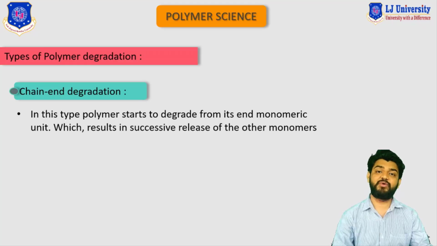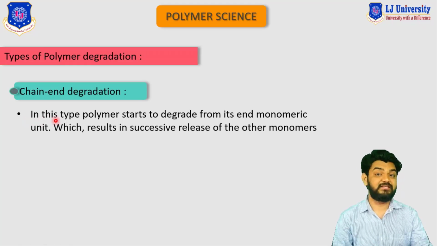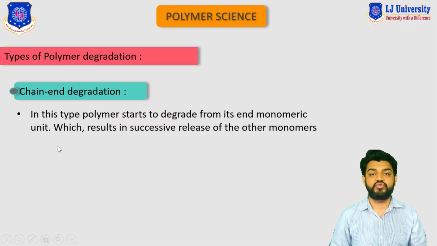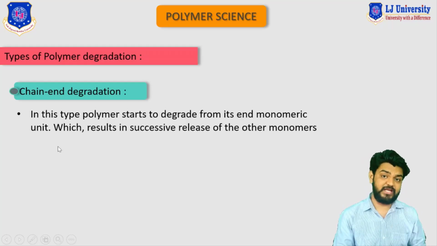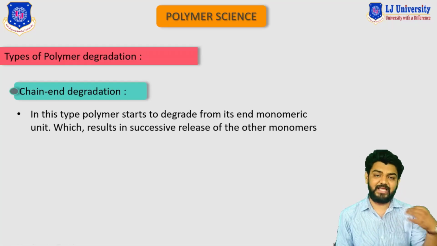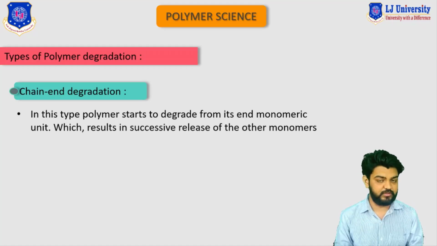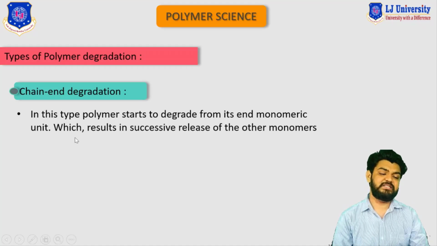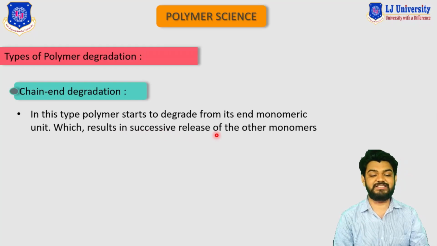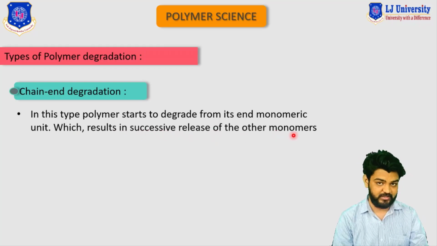Here on the screen you can see that in this type, the polymer starts to degrade from its end monomeric unit. The last monomeric unit will degrade first, and then this degradation process will continue throughout. Basically this process results in the successive release of the monomers.